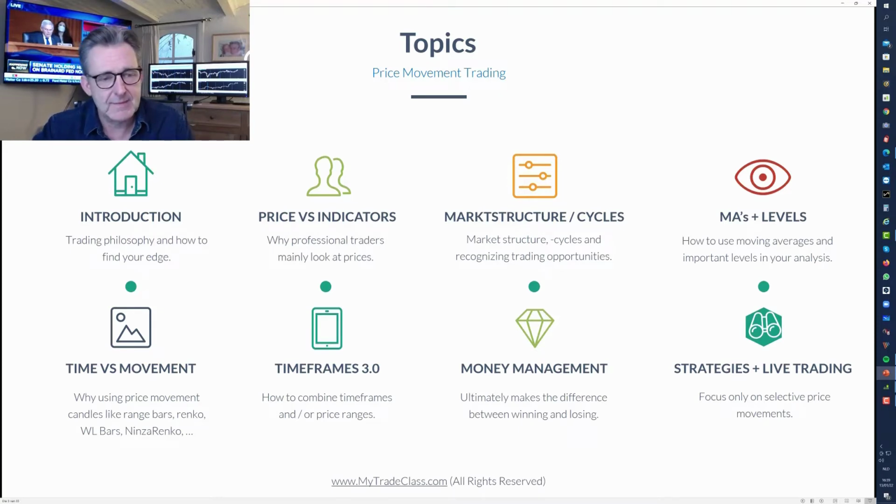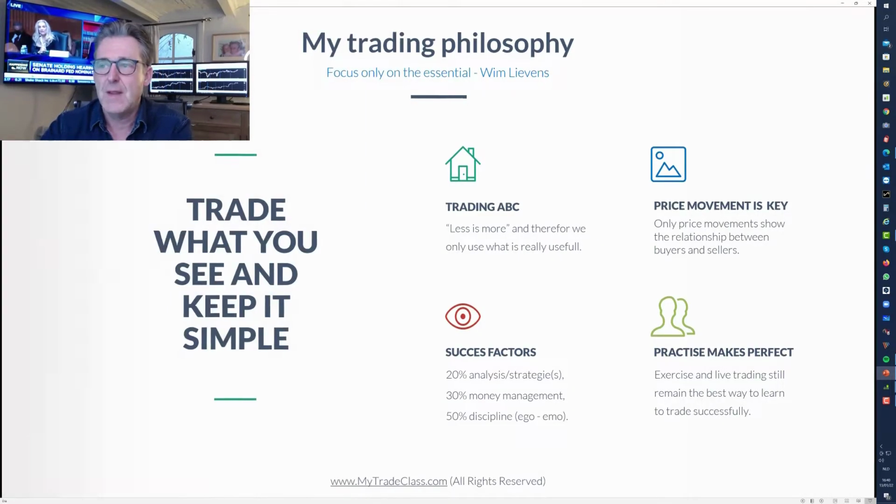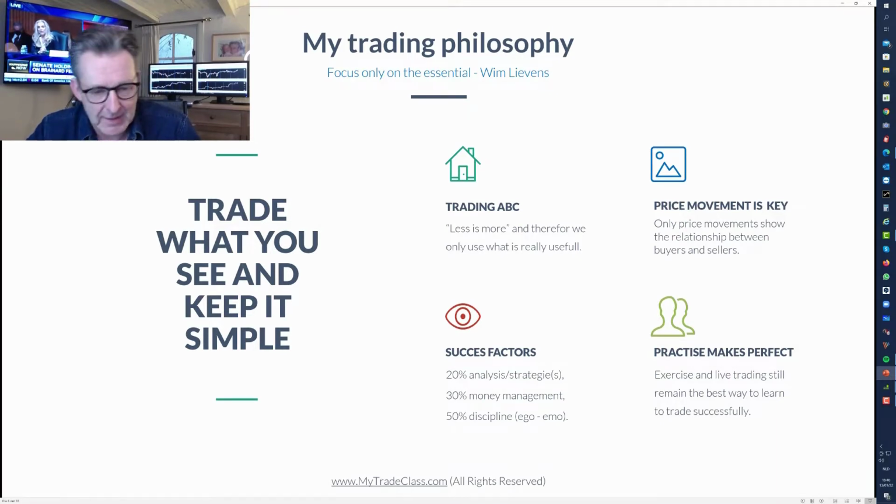We'll talk about that. Time frames, how to combine time frames and how not to combine certain time frames. Money management, of course, and then a lot of practical trading. That's what I've tried to do. And the tool I'm presenting here today is actually the practical implementation of this philosophy.